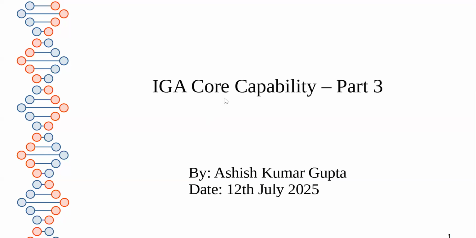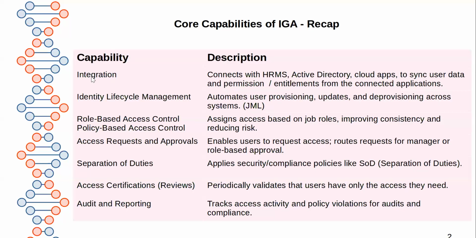So far we have covered the integration, identity lifecycle management, how the JML works as far as IGA is concerned, role-based access control, policy-based access control, access request, access approvals, and certifications.